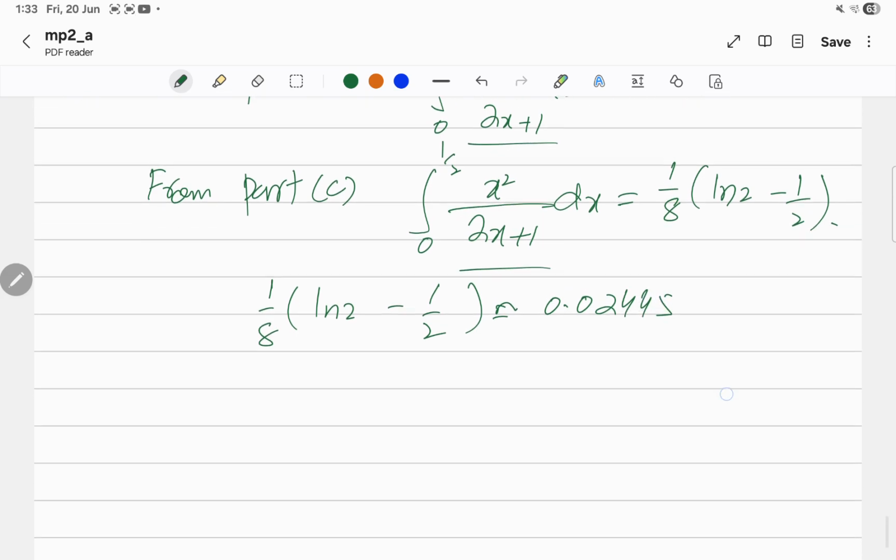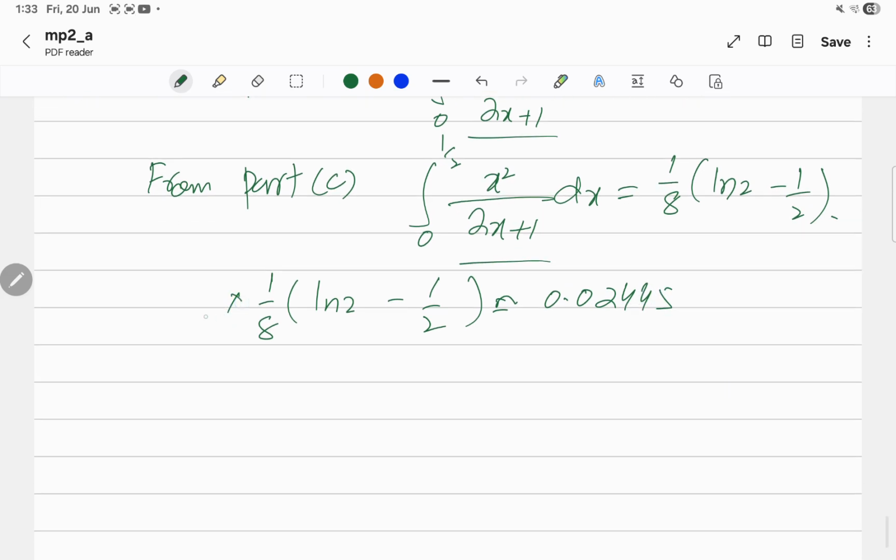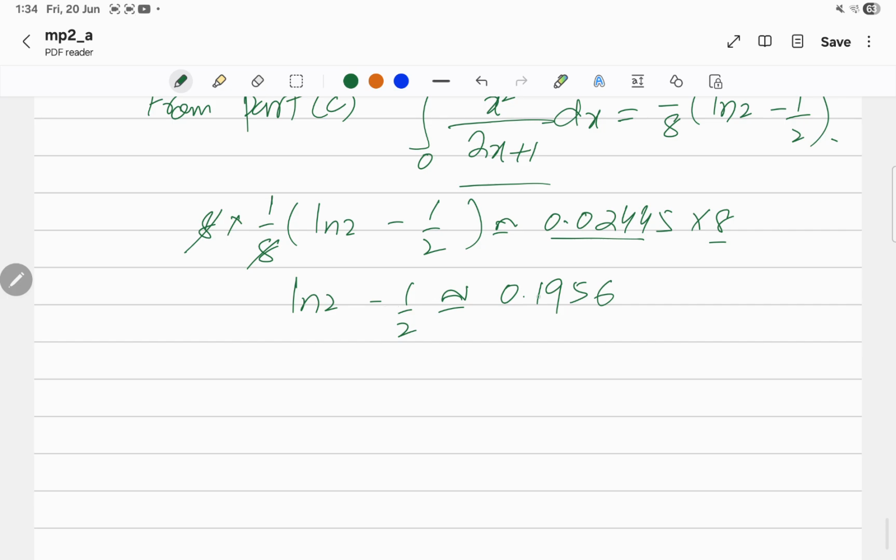0.02445. So if you times by 8 on both sides to get rid of the 8 on this side, it will be ln of 2 minus half approximately equals this number times by 8. So if we times this number by 8, it will be 0.1956, and if you add half on both sides to get the value of ln of 2, so ln of 2 equals 0.1956 plus half.